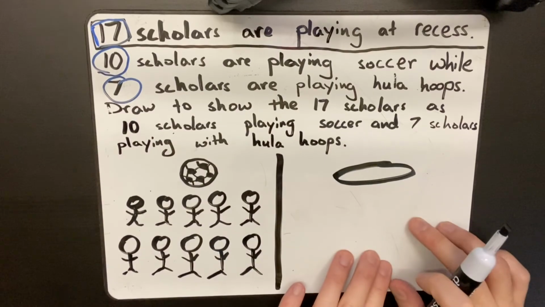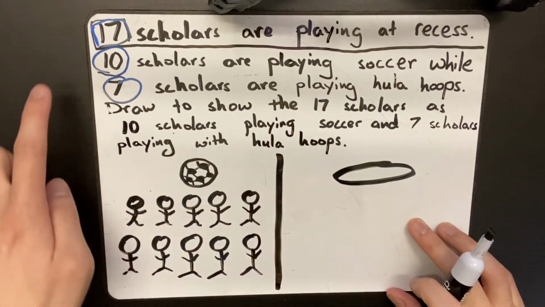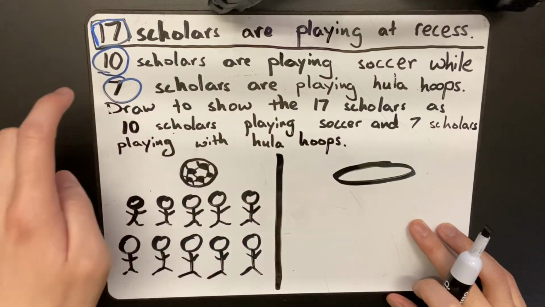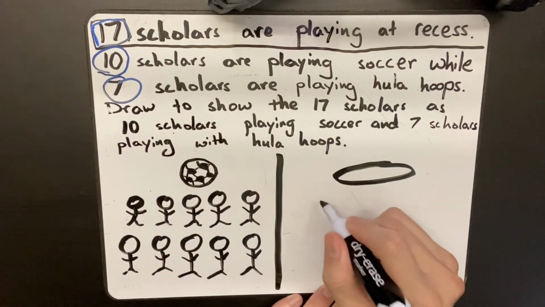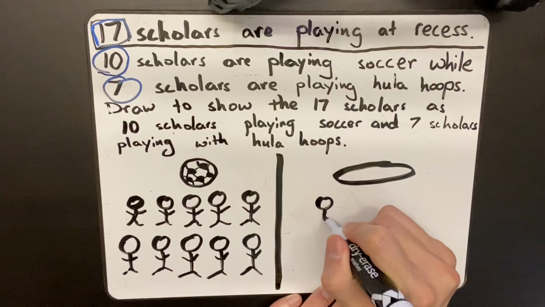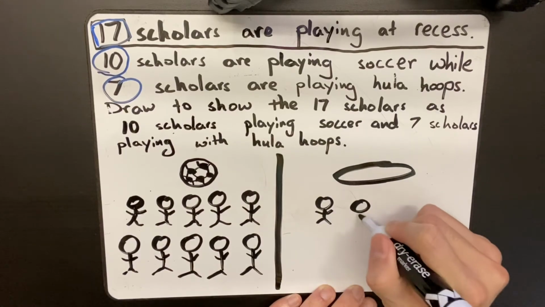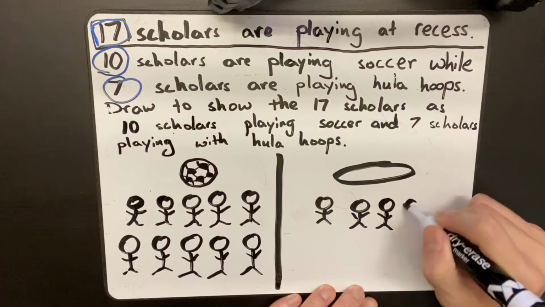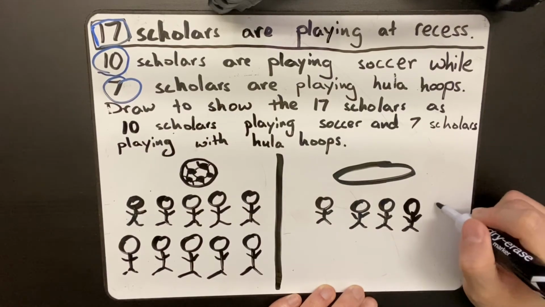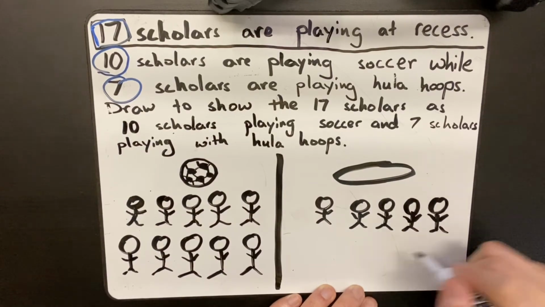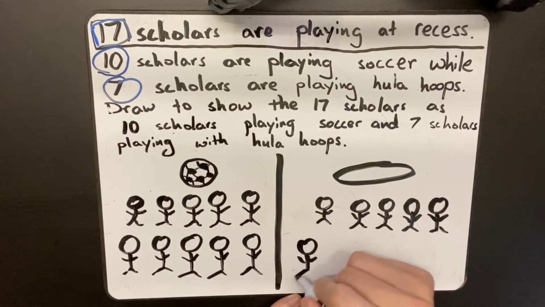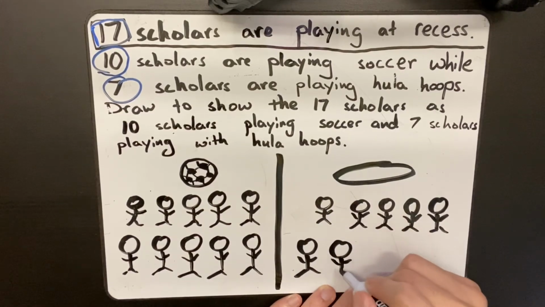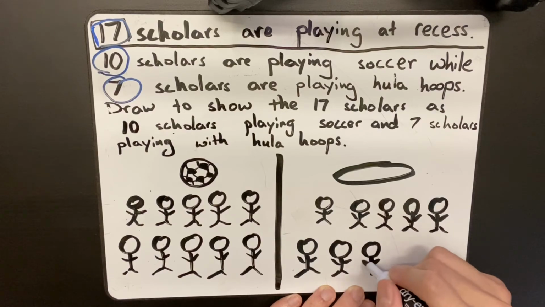Now, how many scholars were playing hula hoops again? 7. Okay, so now let me draw my 7 scholars playing hula hoops. 1, 2, 3, 4, 5, 6, 7, 8.